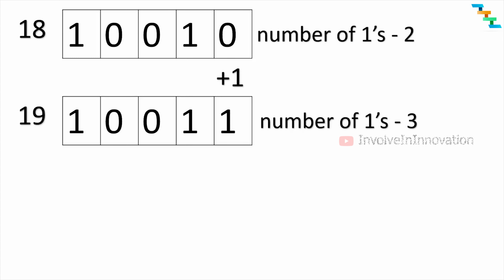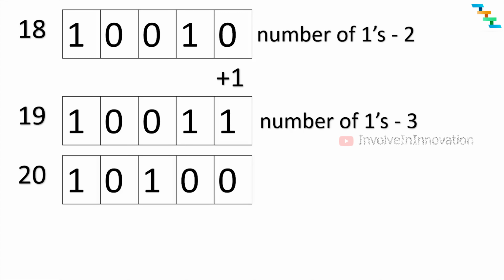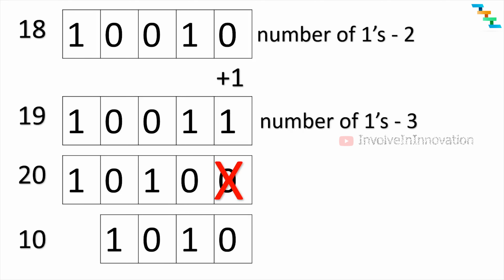And for even numbers, we know the last bit is always 0. We are not worried about the 0, only about the number of ones present in the given number's binary representation, so we can simply ignore the last bit. If we ignore the last bit, we can do a right shift, and we will get a smaller number which we might have already found.